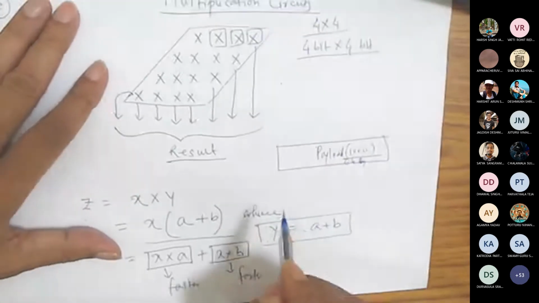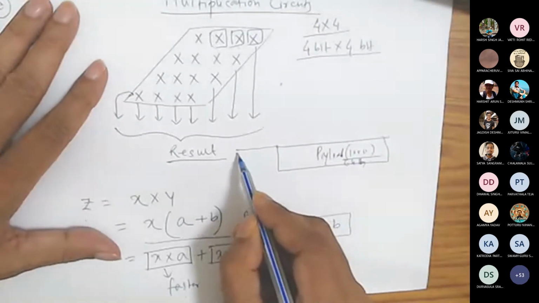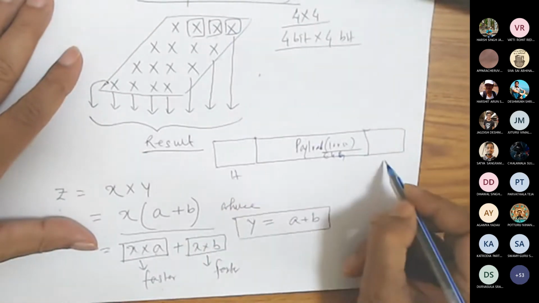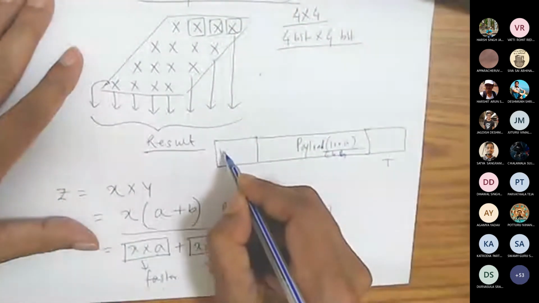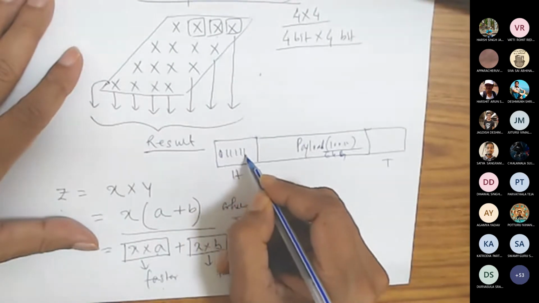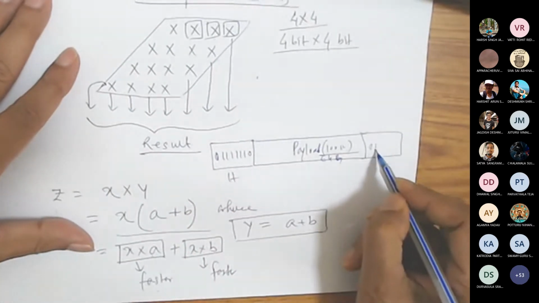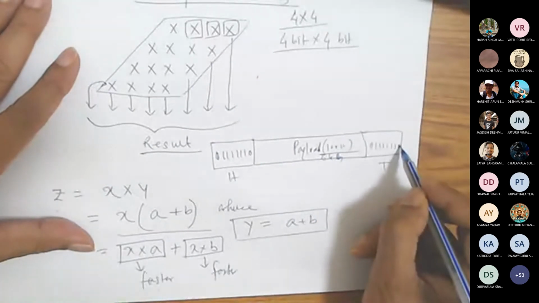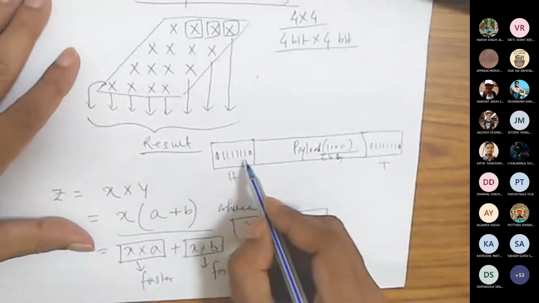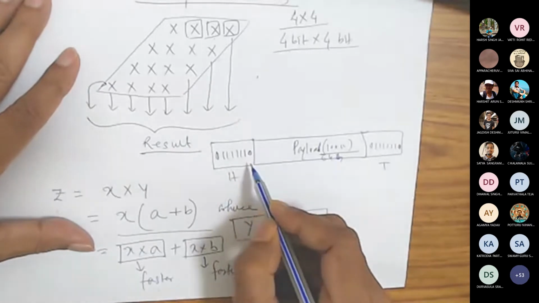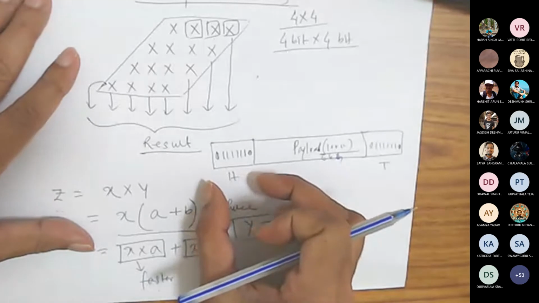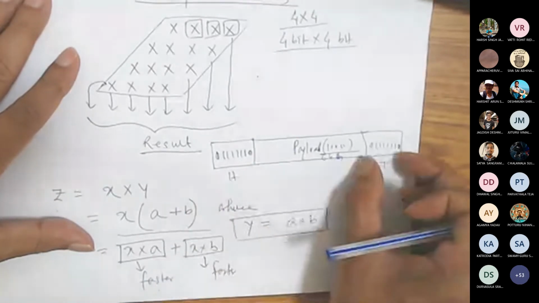But how do you know the starting of the payload? We fix something, we call it the header. This is the header, this is the trailer. Now header bits are usually kept like this. This is a particular pattern appended with the message to ensure that this is the start of the message, and this is the end of the message.